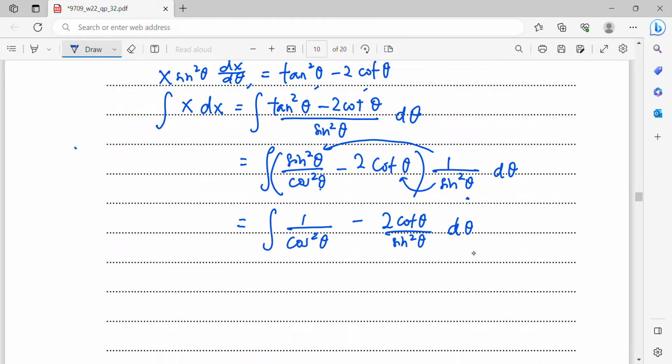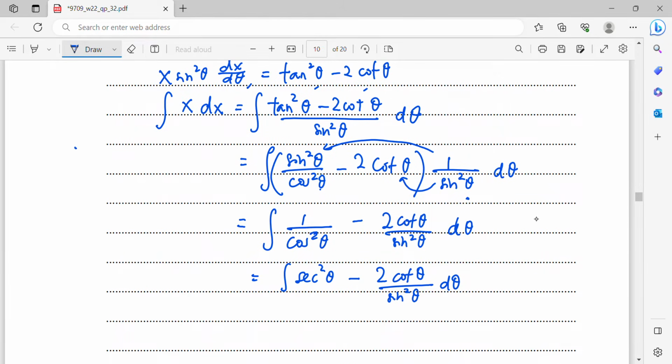Now 1 over cos squared theta is basically secant squared theta, then minus 2 cot theta over sine squared theta d theta. So now this is the simplest form before we integrate.